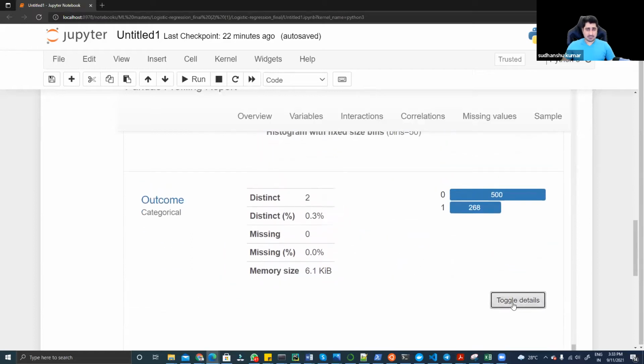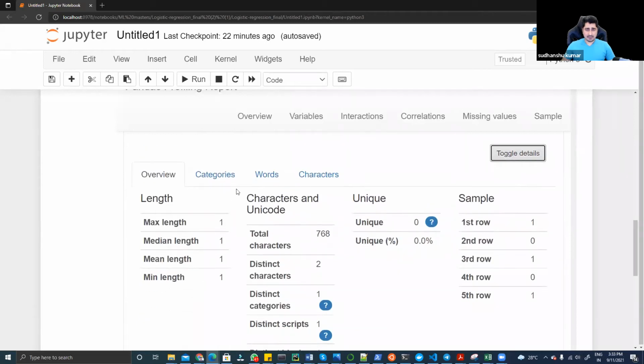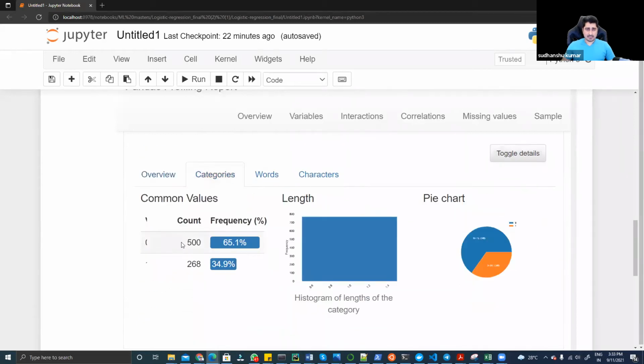And outcome, this is our categorical column that we have, right? So category-wise, we have in total categories 500 plus 268, and this is the total distribution of categories, right? So we have total data about persons who have diabetes equal to 268, as you can see inside the pie chart, right?